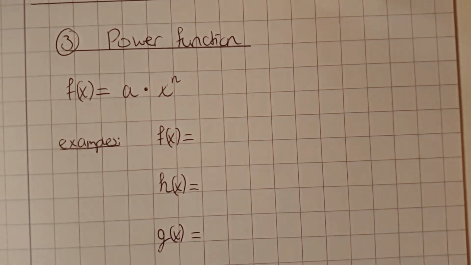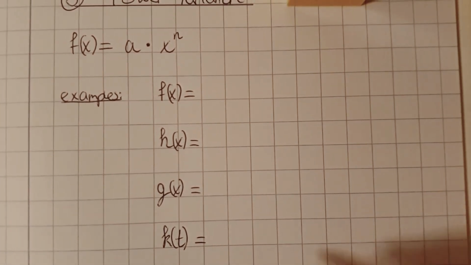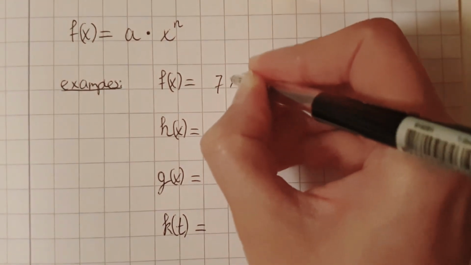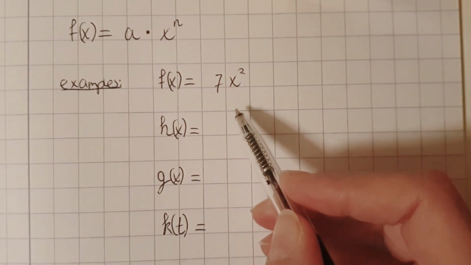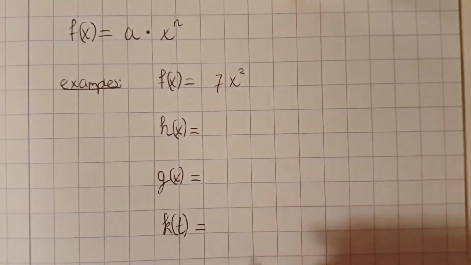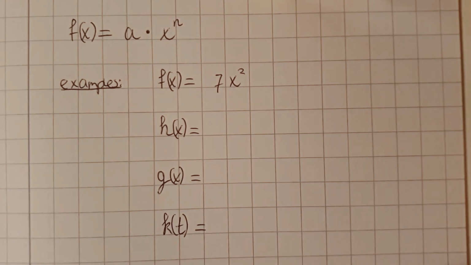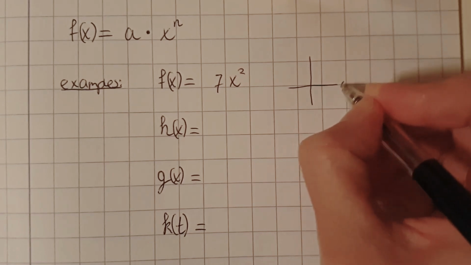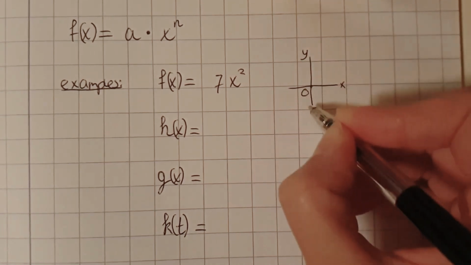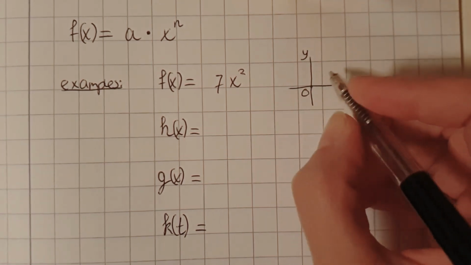Let's start with the first one. It's f(x) equals 7x squared. This is also a power function, but there's a more specific name for it. What's this little bit more specific name? It's a quadratic function. Okay, so I will give you a really small sketch of it, what it looks like.